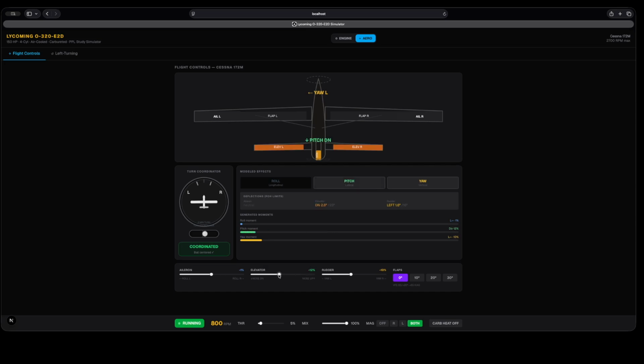In most cases, you're pushing the control yoke in to get nose down pitch. And so that's yaw and pitch, and we can reset that. And there's also rotation, or roll, but that's a little bit different.